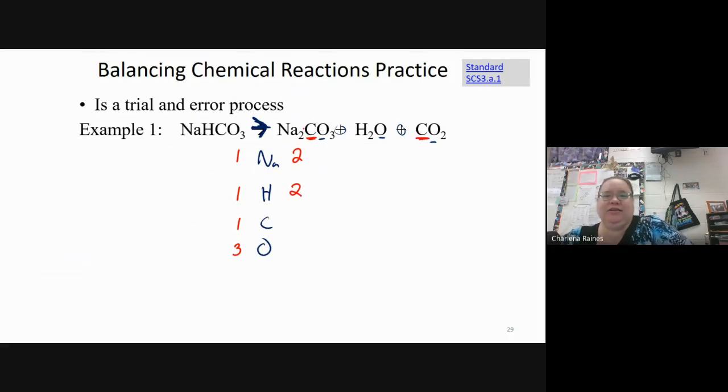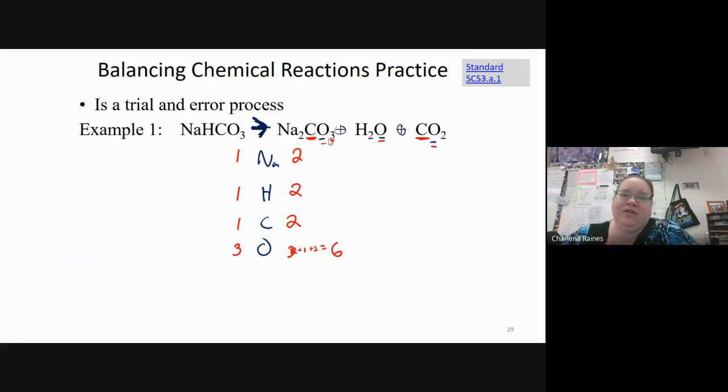I always like to underline it to remind me to keep them together. So I've got 2 carbons, and my oxygens, I've already underlined, is in 3 different places. So 3 plus 1 plus 2 gives me 6.